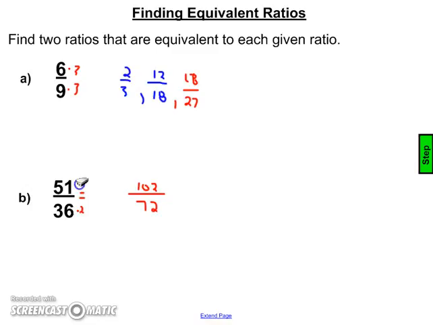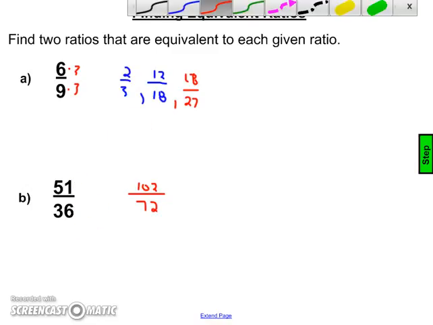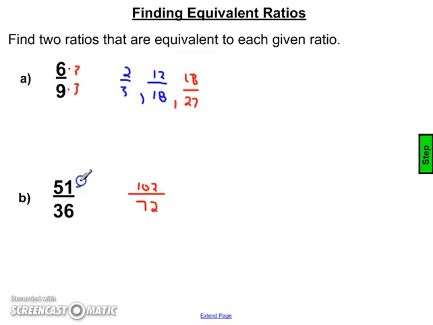Other choices, if I want to, I could divide. Let's see, 51 and 36 both divide by 3. Let's see, 3 goes into 5 once with 2 left over. 3 goes into 21 7 times, so 17 if I divide by 3. 3 goes into 3 once. 3 goes into 6 twice.